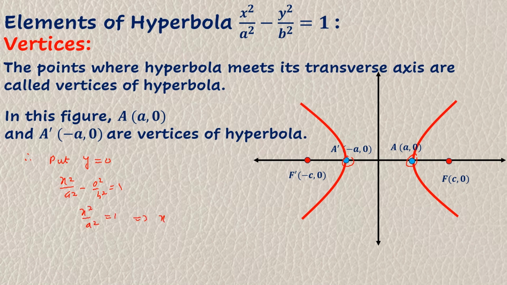It gives x square is equal to a square, and x will be equal to plus minus a. As transverse axis is on x-axis, the y coordinate of vertices will be 0, and the vertices are (a, 0) and A dash (minus a, 0).